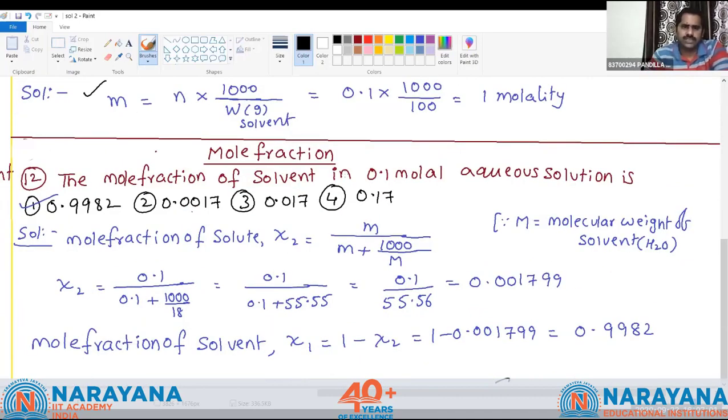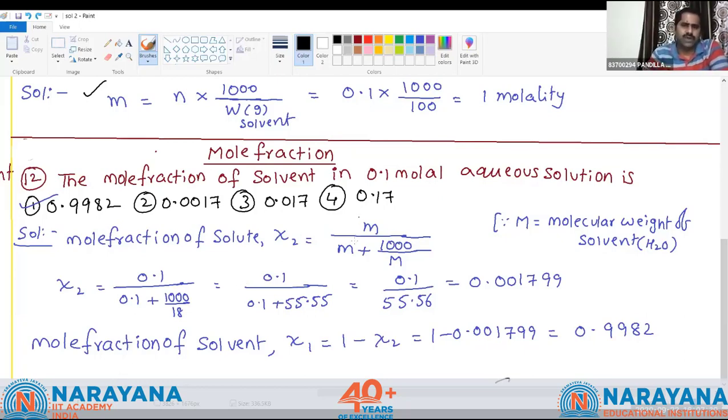Now the mole fraction of solvent in 0.1 molal aqueous solution. Here I gave the formula below, the relation between molality and mole fraction.